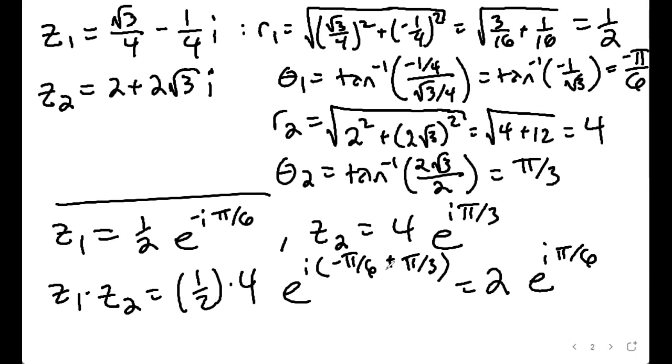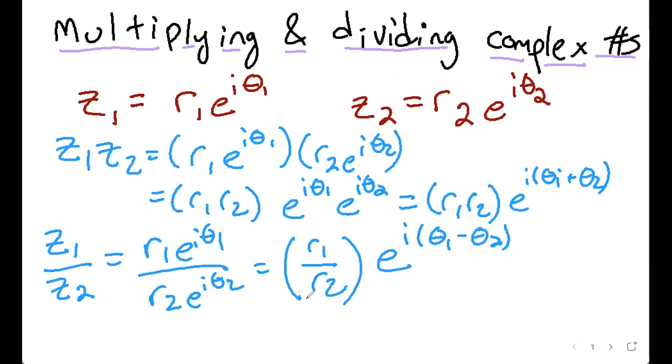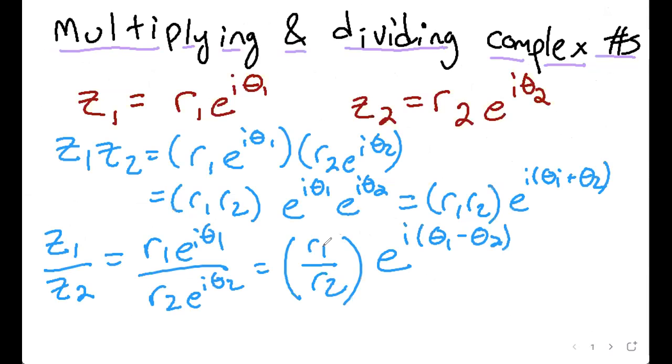If we wanted to do Z1 divided by Z2, our formula here would be R1 divided by R2. So that would be 1/2 over 4, and e to the I theta 1 minus theta 2.